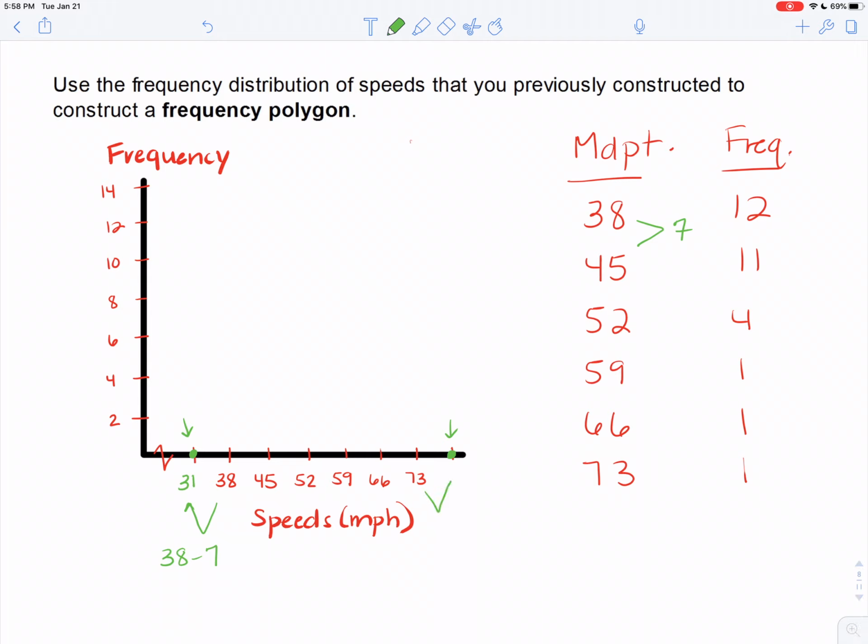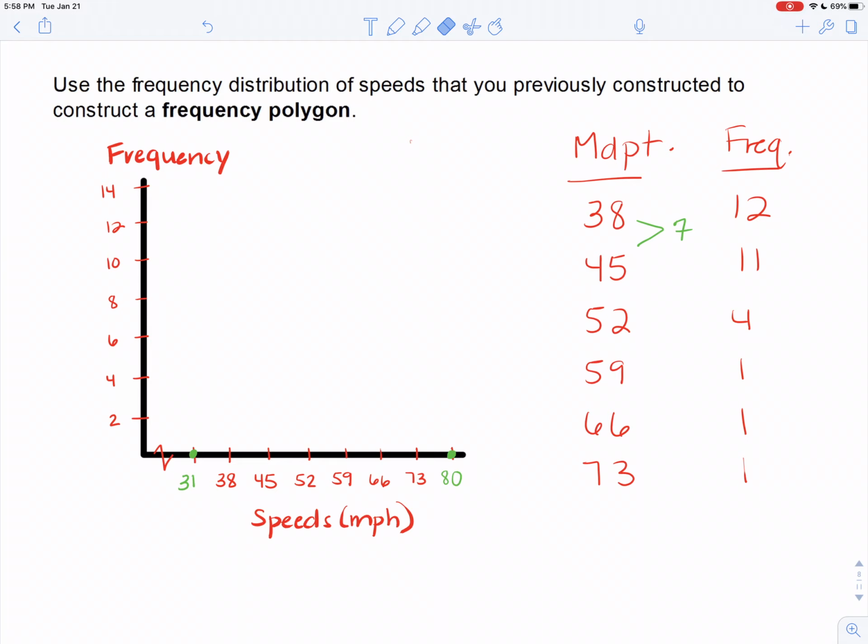And then on the other end, we're just going to take that last midpoint of 73, and again, maintain the width of 7, but move out in the other direction, and that would tell me to end with a value of 80, which again has no value, so it will have frequency 0. All right, that is the main difference in how you set up graphing for your polygon versus your histogram.